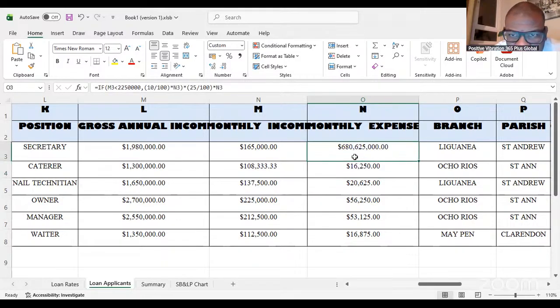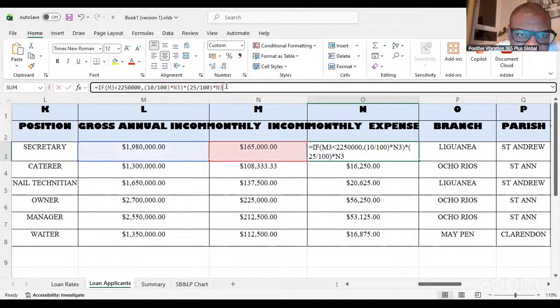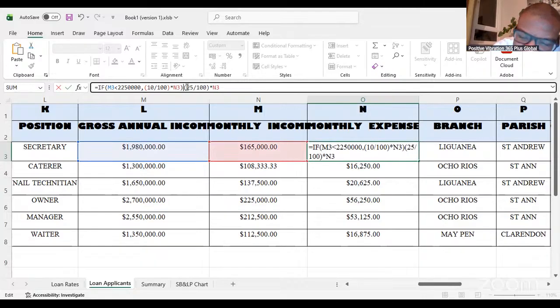What have I done wrong? Oh, N3. Yeah, it's N3. So what's the problem? Oh, who put times there? So it'll be a comma, and then that would be there.